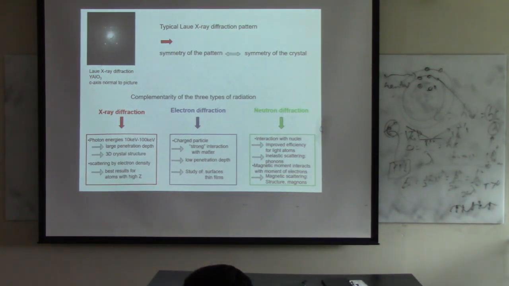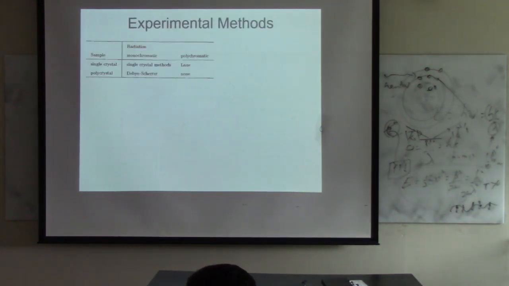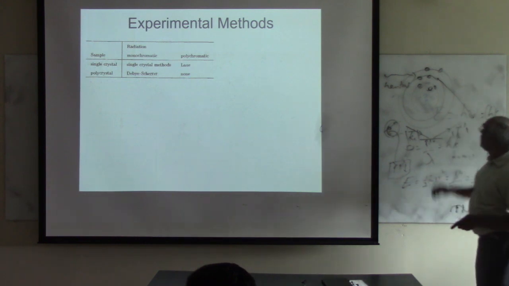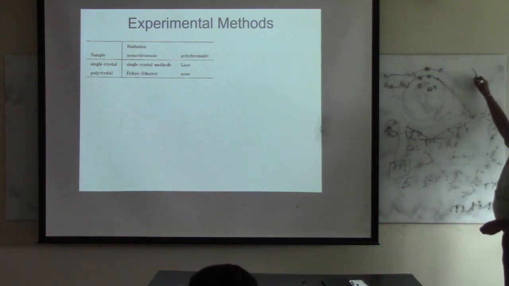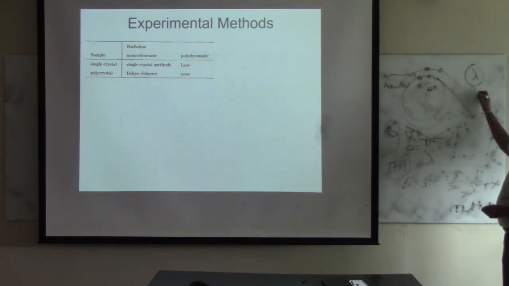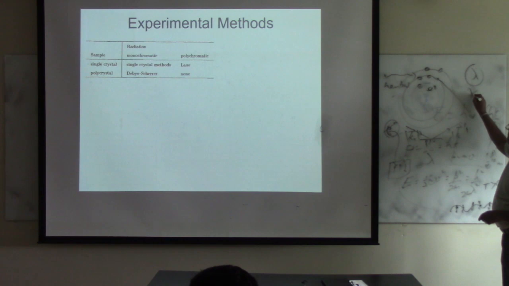Okay. So typically if you look at X-rays, we can use either monochromatic X-ray. Monochromatic means that's just one wavelength, right? Or you can use many wavelengths, lambda 1, lambda 2, lambda 3.